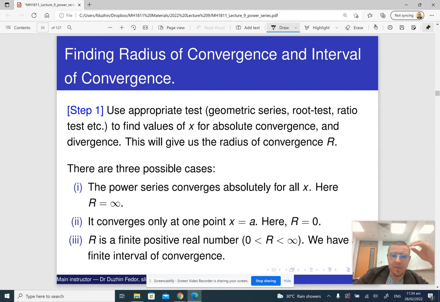Now, once you have figured out what the radius of convergence is, if it is one of the first two possibilities, if the radius of convergence is either infinity or zero, then basically you're done. And if the radius of convergence is some positive number, like 3 or 0.5 or whatever, then you will also need to test for convergence or divergence at the endpoints of the interval of convergence.